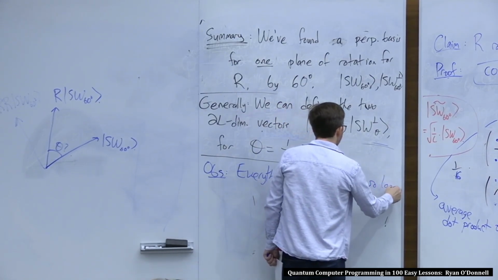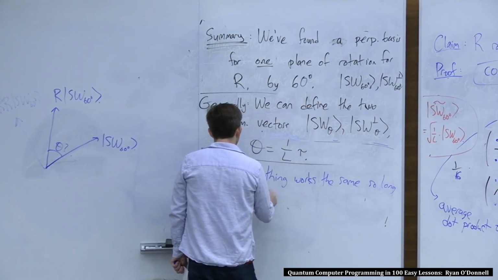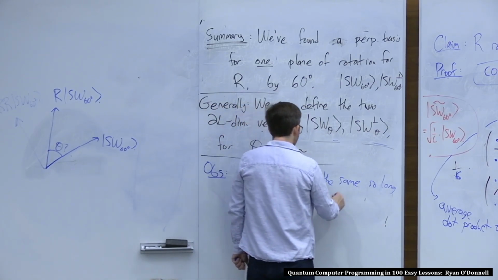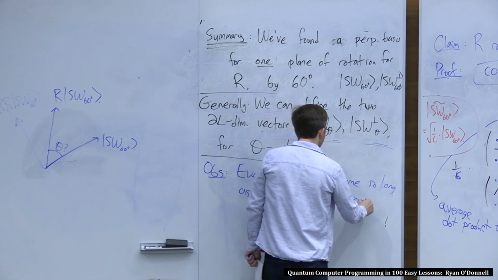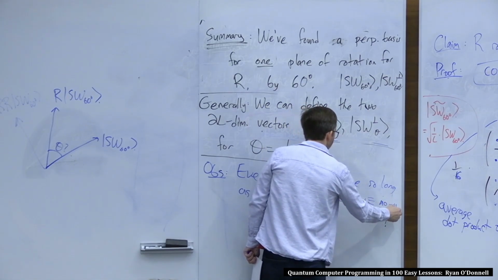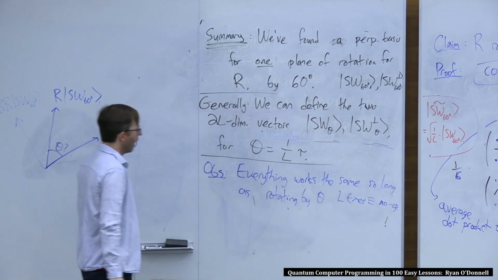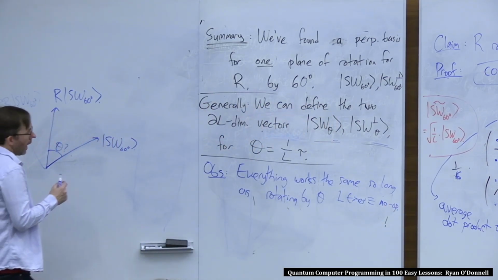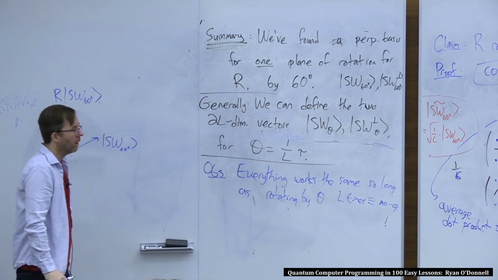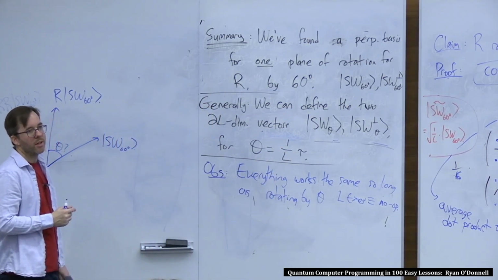So long as rotating by theta L times is equivalent to doing nothing. But there's more angles than just 60 degrees, or 1 over L tau, that have this property. Like 2 over L tau also has this property.